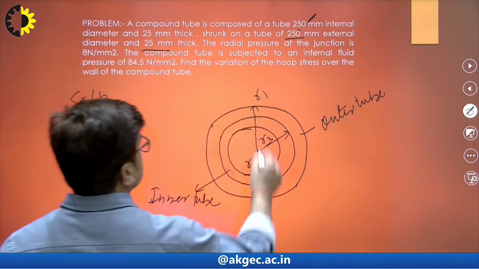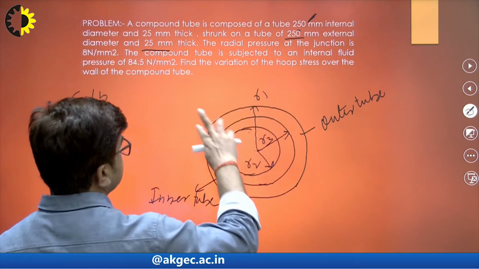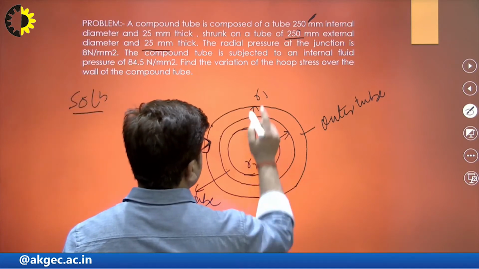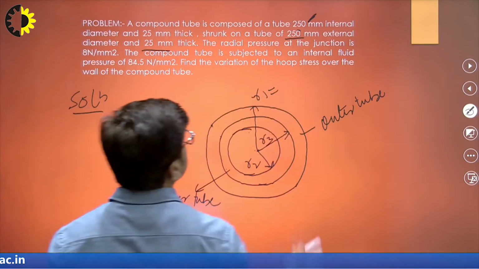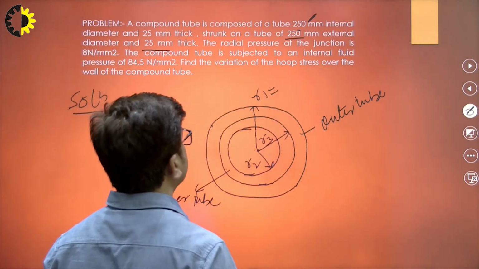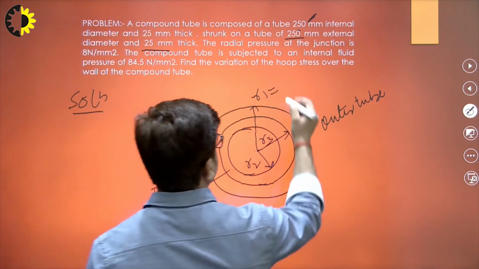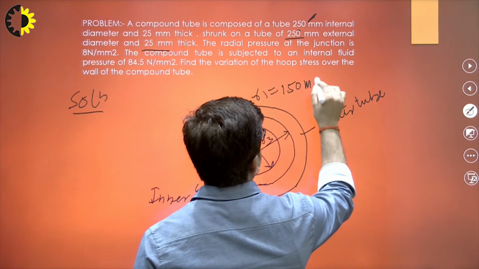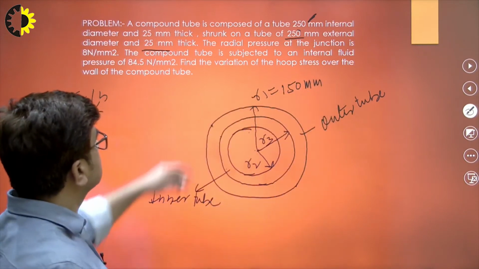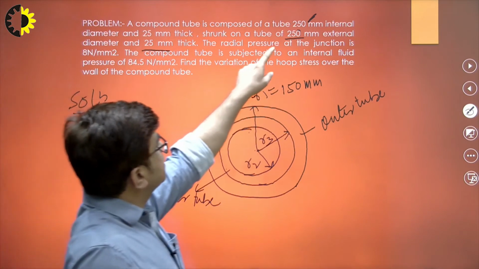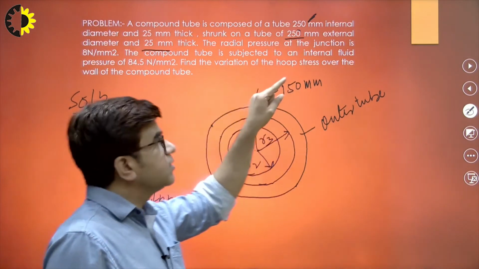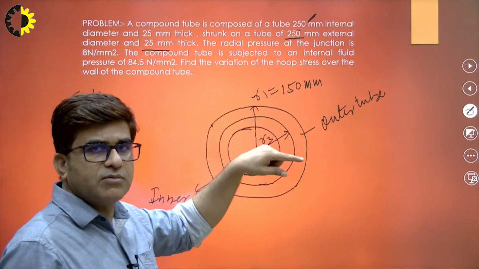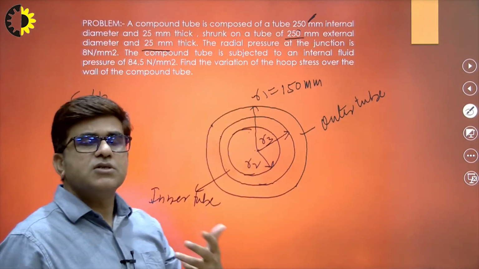Now thickness is 25 mm in each case. Then outer radius R1 equal to 125 plus 25, that means 150 mm, because the internal dia of the outer tube is given, we can find the internal radius of the outer tube, which is nothing but the junction radius.